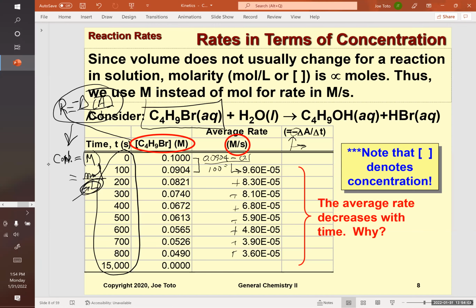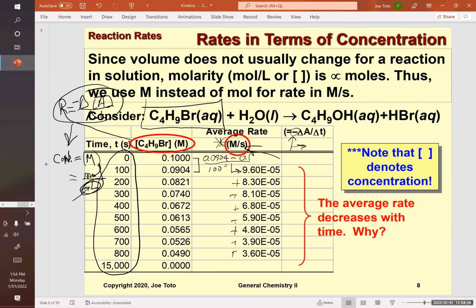Also notice now, instead of moles per second, we have units of molarity per second. That shouldn't be a big deal. It's just that extra constant of volume in there to make the conversion. It doesn't change any of the ideas of rate.